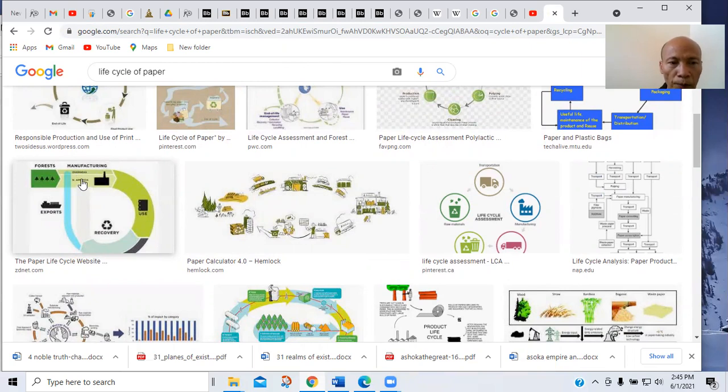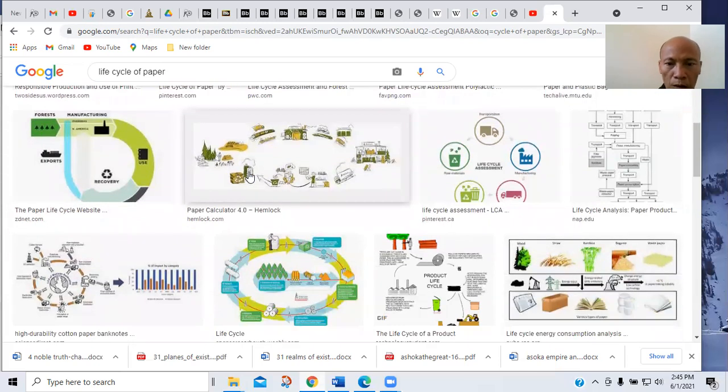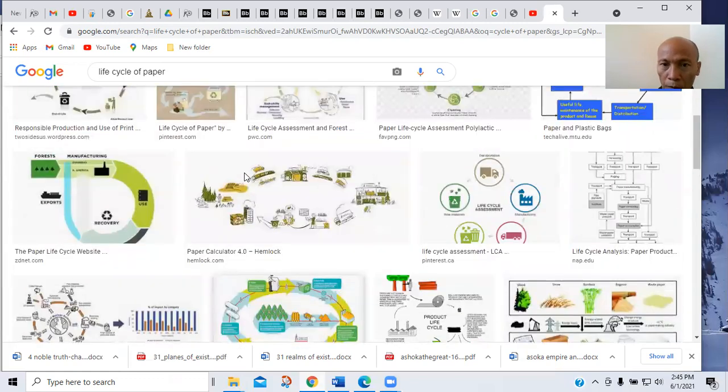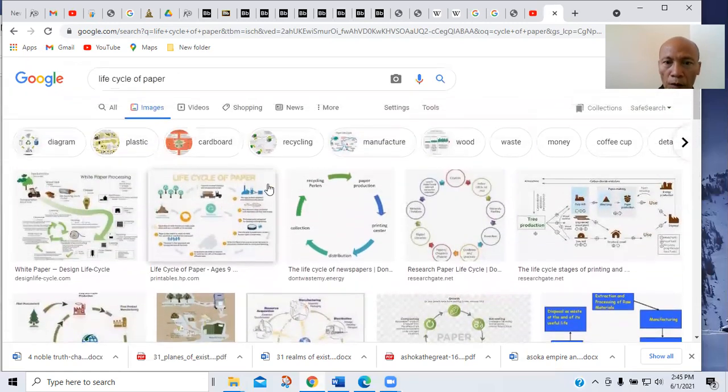They do produce the papers, and we use the paper, and after that we can recycle it, right? So that's the cycle of the paper. Anyway, so there's a cycle of them. So paper production from trees, printing, distribution, collection, and recycle.